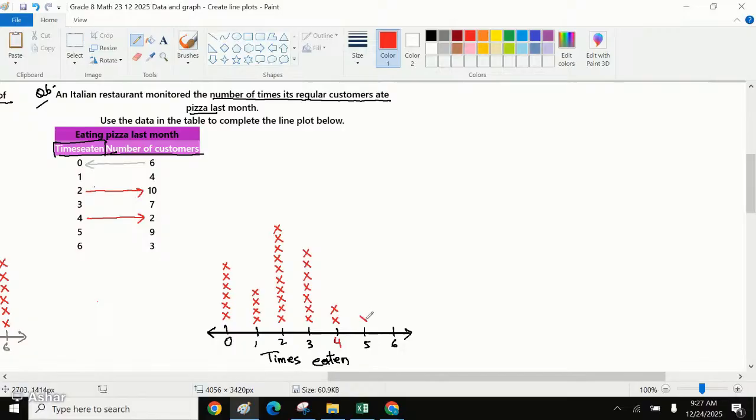That means 1, 2, 3, 4, 5, 6, 7, 8, and 9. And the last one would be 3 customers ordered 6 times. That means 6 times orders were placed by 3 customers.